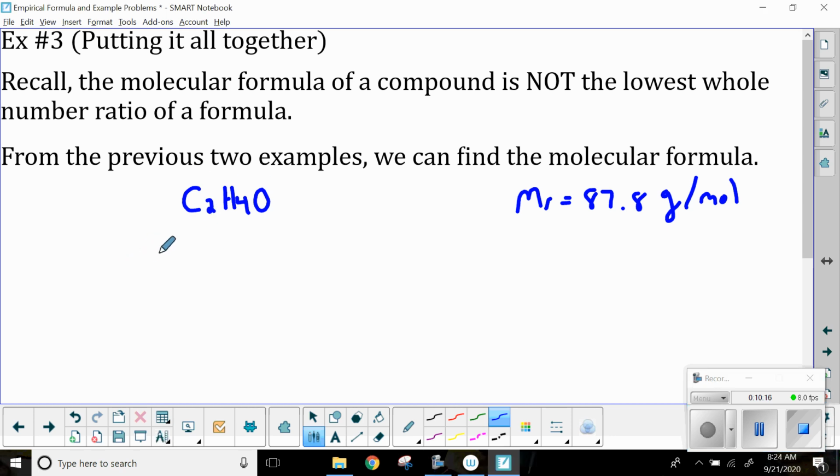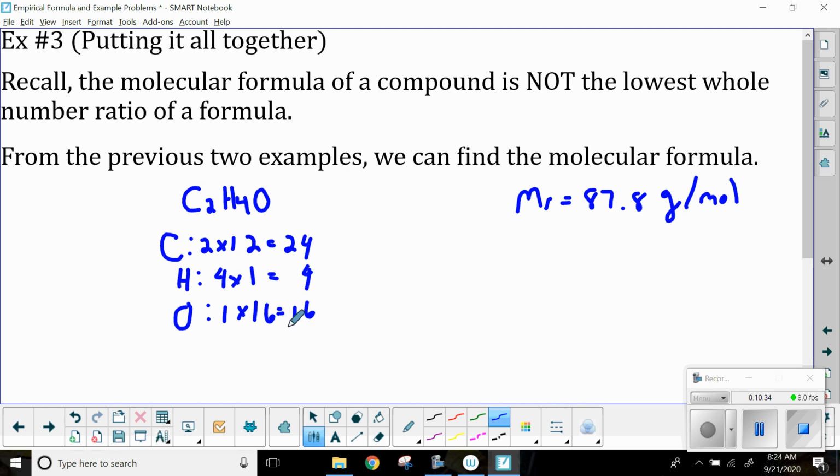So I've got 2 carbons at 12, 4 hydrogens at 1, 1 oxygen at 16, so I'll have 24 plus 4 plus 16 gives me a total of 44 grams per mole.